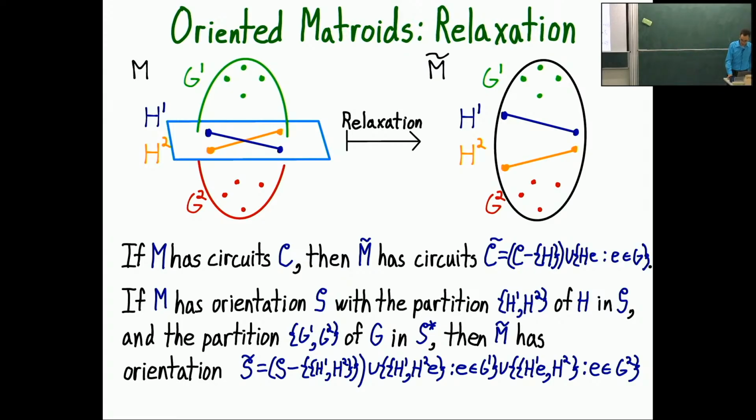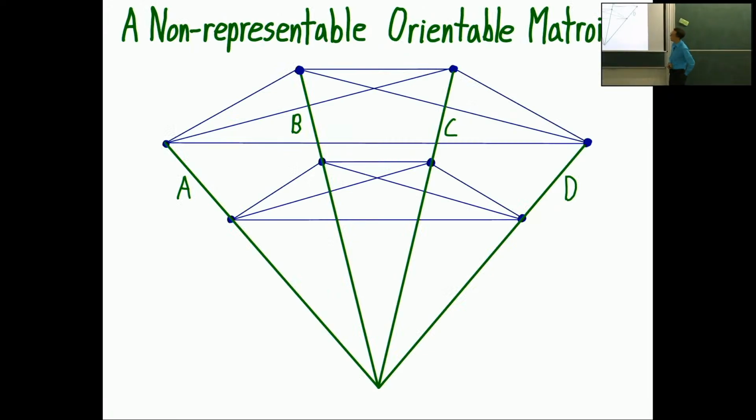So while this preserves orientability, it does not preserve representability. What I've drawn here is currently a real representable matroid.